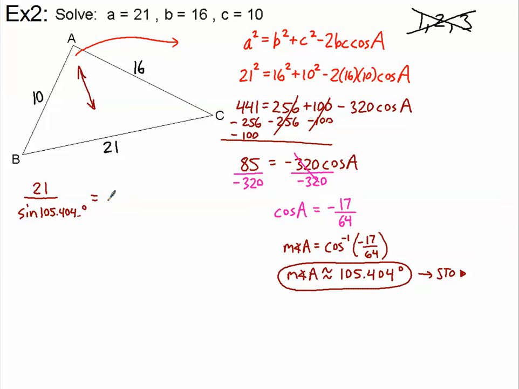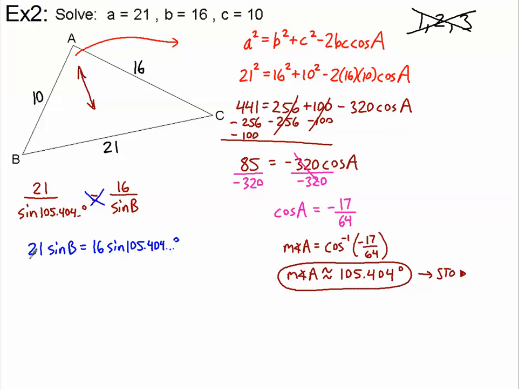That ratio is equal to, let's just go to the B's. We'll go to 16 divided by the sine of B. I'll go alphabetical order once again. Cross multiply, and we have 21 times the sine of B is equal to 16 times the sine of 105.404 degrees.